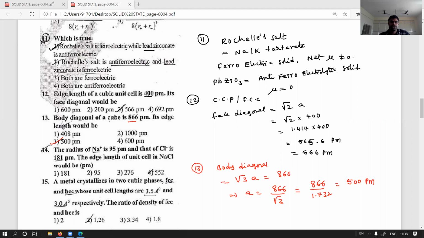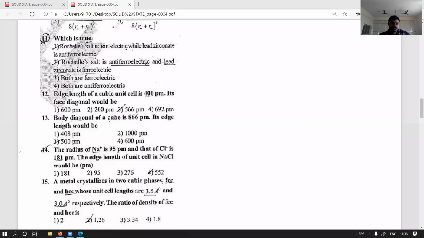Let's see the 14th question. The radii of Na plus and Cl minus are given, and the edge length of NaCl is asked.